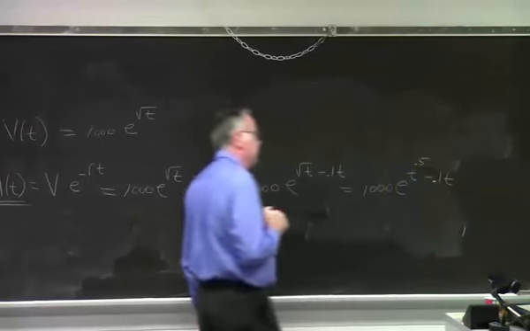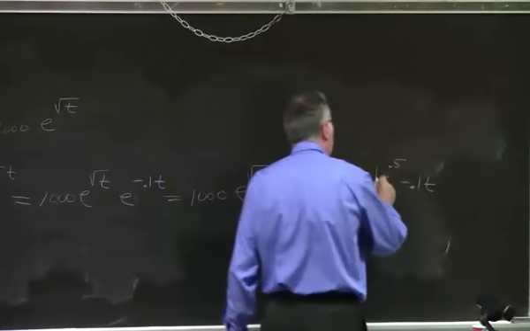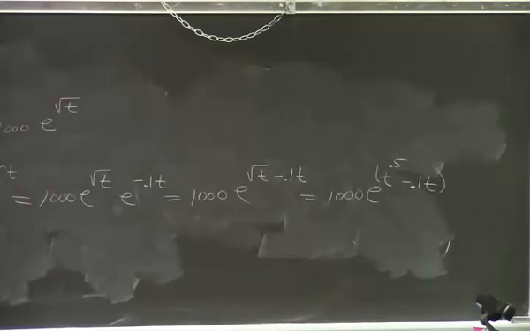So all of this is just the exponent on e. The square root of t is the same thing as t raised to the 0.5 power. Now, is that what you were asking, or were you asking a different question?